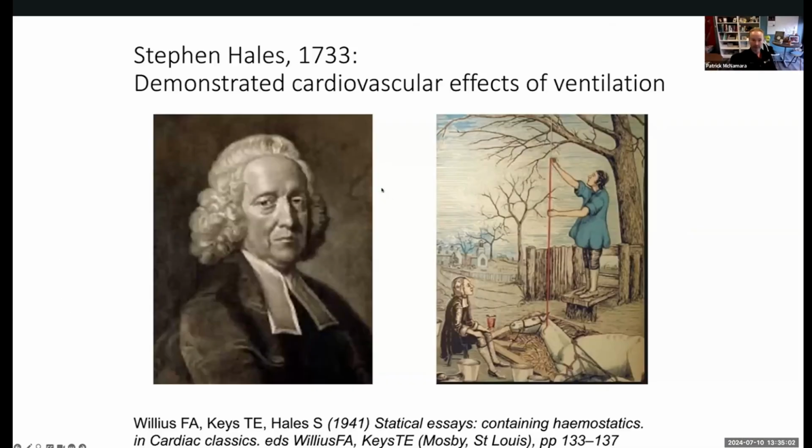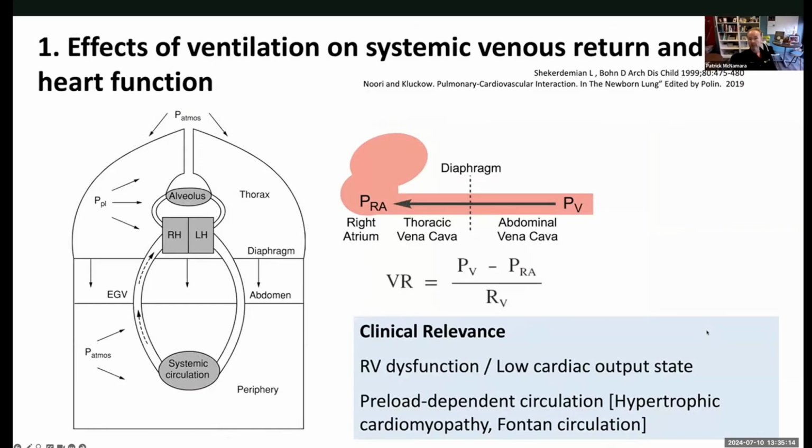That was first described by Stephen Hales back in 1733, when he looked at the horse model and demonstrated a drop in blood pressure during inspiration. So it's really important to recognize that what goes on with the lung and what goes on with the heart are completely interdependent. There's a pressure gradient between the systemic circulation and the right atrium that's important in spontaneously breathing people.